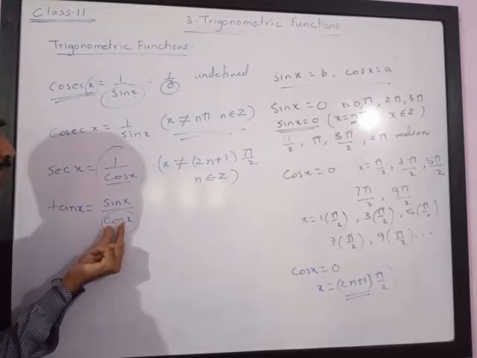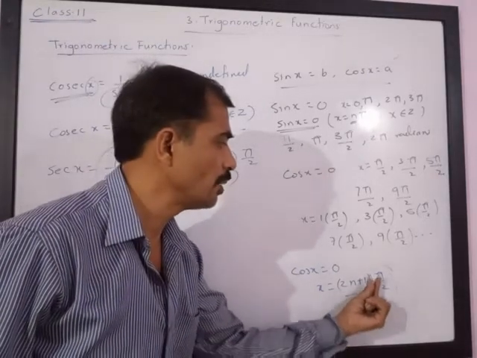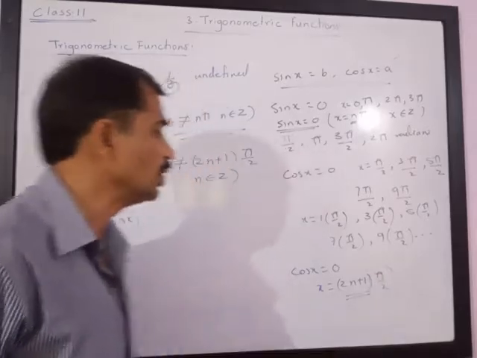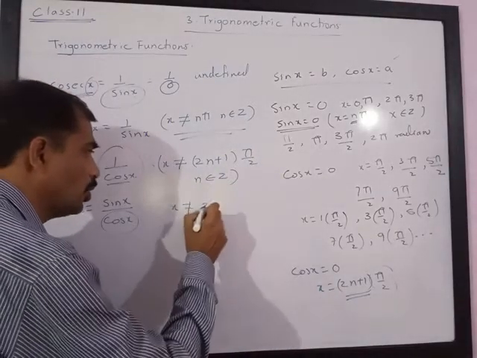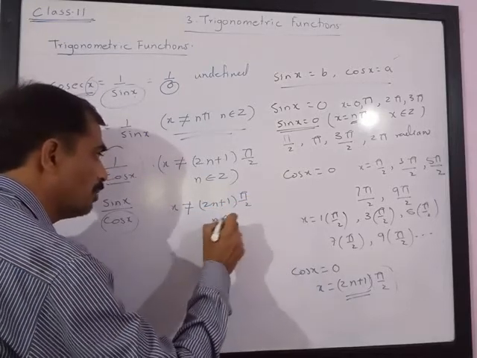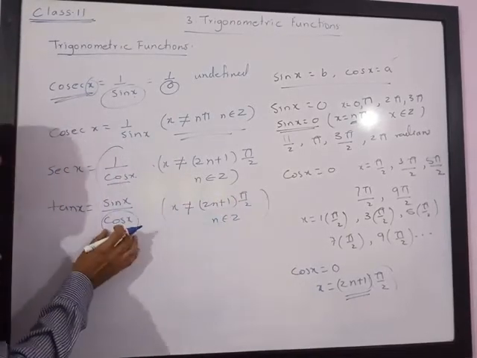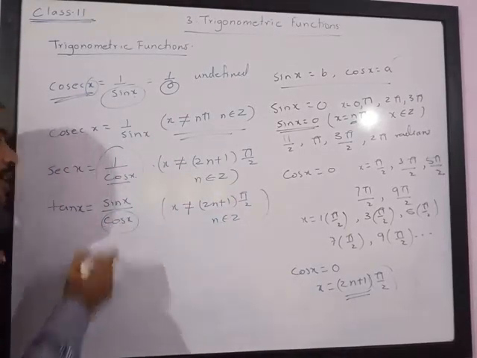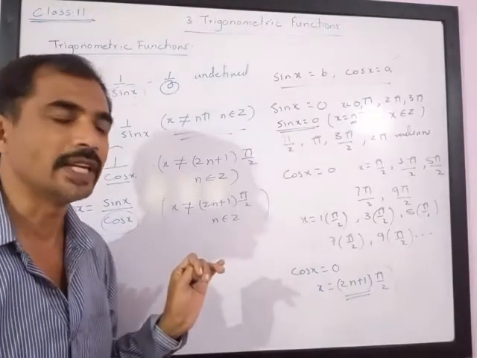And for cos x to be 0, we have already studied x must be equal to (2n plus 1) multiplied by pi by 2. It means that x must not be equal to (2n plus 1) pi by 2, where n belongs to integers. When it becomes equal to this, cos x value will become 0, and if the denominator becomes 0, then tan x becomes undefined. We cannot define the tan x value.